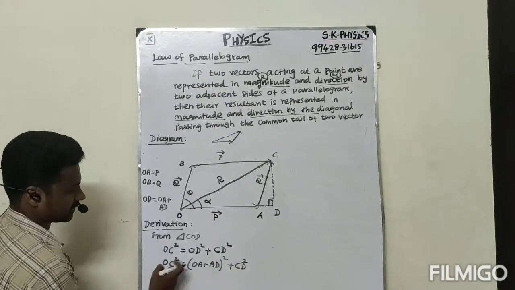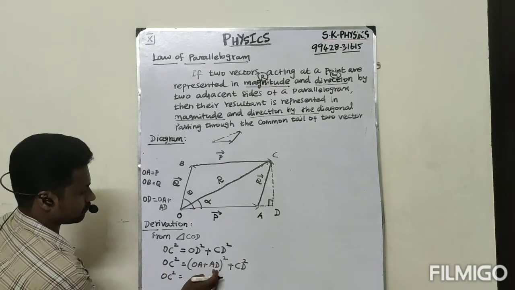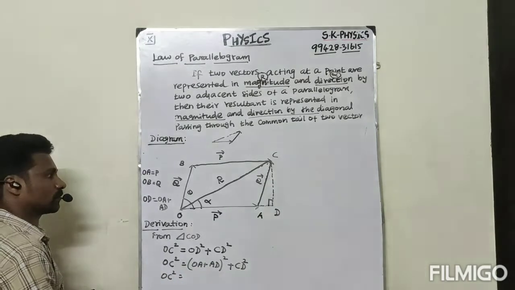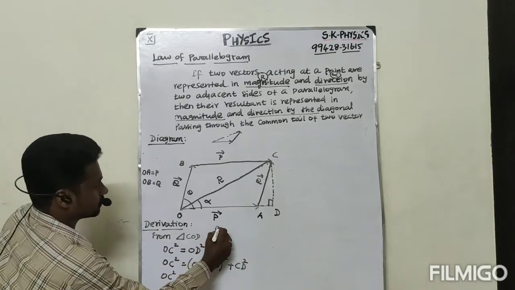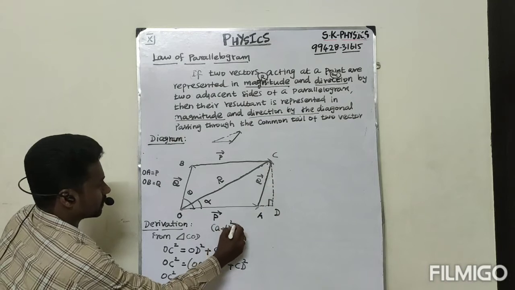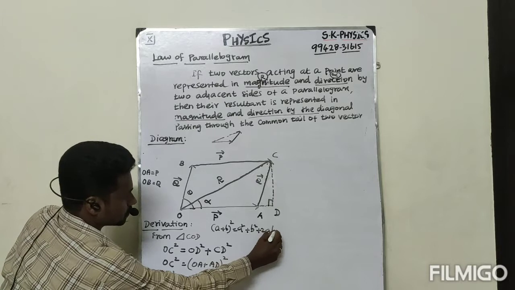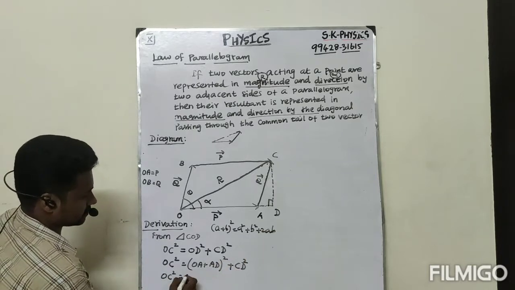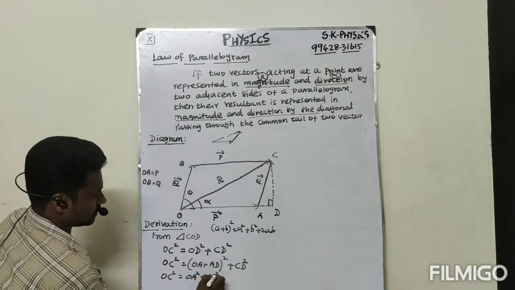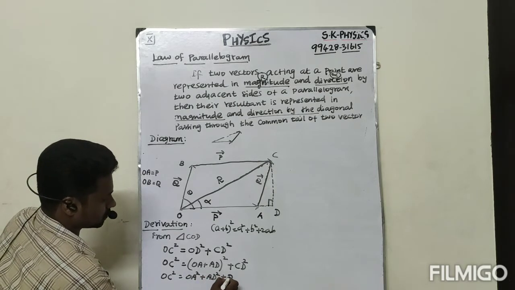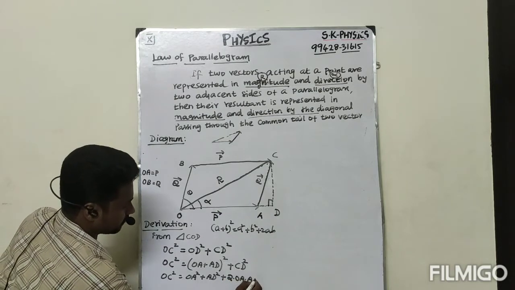Now I can expand this using the formula for A plus B whole square: A squared plus B squared plus 2AB. Like that I can write OA squared plus AD squared plus 2 into OA into AD.